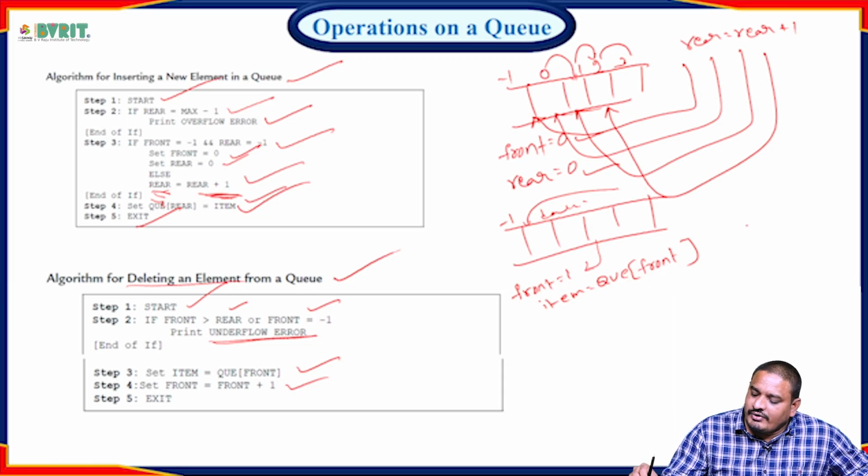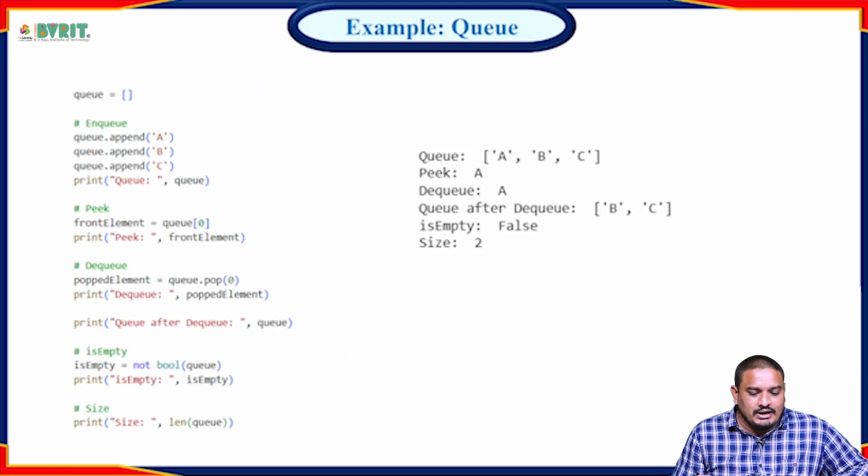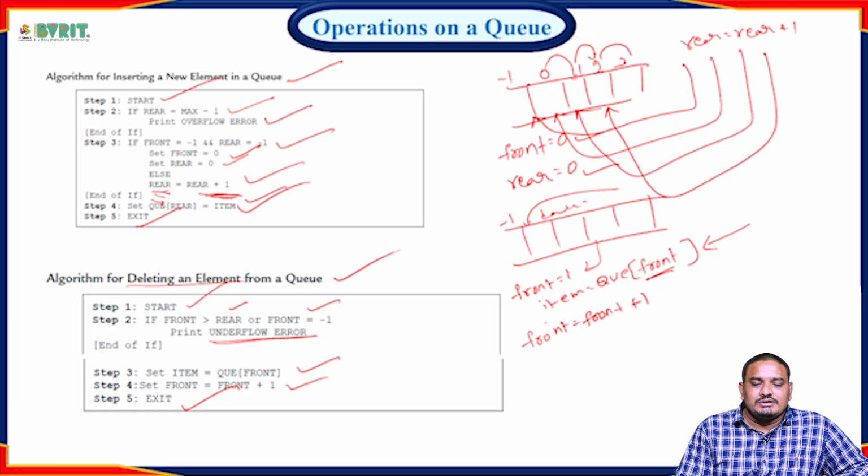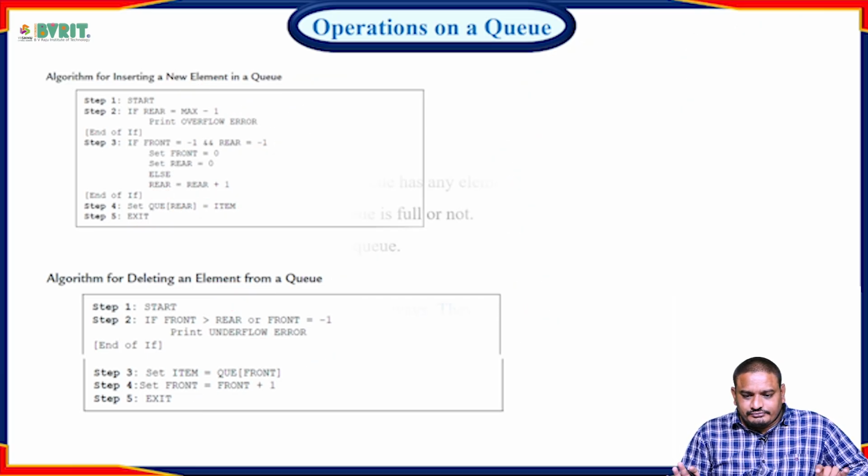Every time we perform the queue front operation, front equal to front plus 1. Every time the value will be incremented by 1. Last one is exit. This is the algorithm for inserting and deleting operations from the queue.